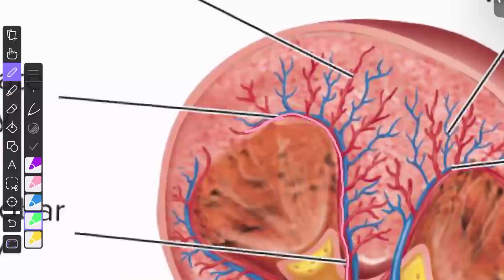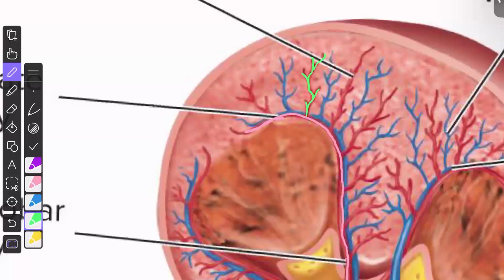The arcuate arteries are going to branch off into the cortical radiate arteries. Okay. They're in the cortex. They're like little rays of the sun. They radiate out into the cortex. So you've got the interlobar arteries that are between the lobes. You've got the arcuate arteries that arc around the pyramid. You've got the cortical radiate arteries that radiate out into the cortex.